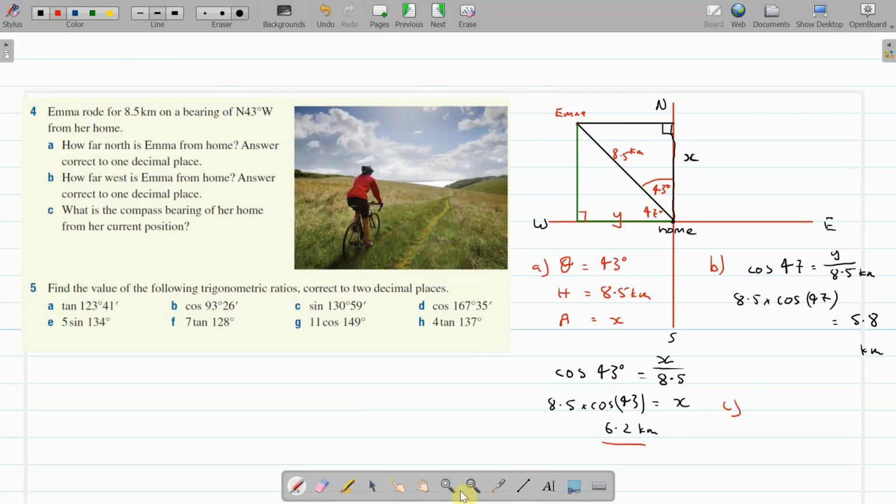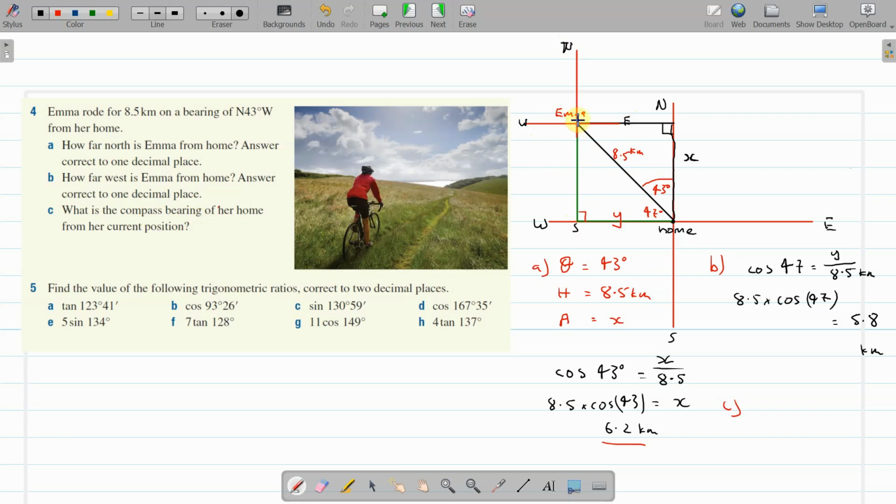Let's do a bit of a new north, south, east, west to get the bearing back that way, because since she's heading from where she is now back to home, we're going back this way, the bearing is this, so it's got to be north, south down here. That's what you've got to do when you're working out heading in the opposite direction, and we want the compass bearing.